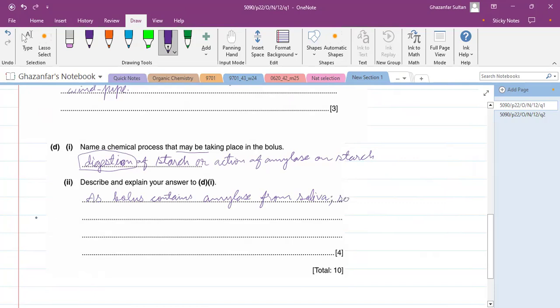So starch is digested. The starch is digested by amylase into maltose.